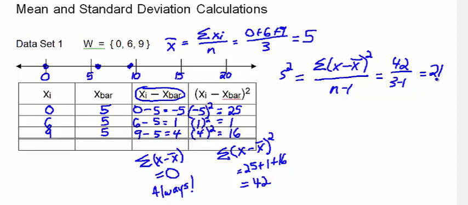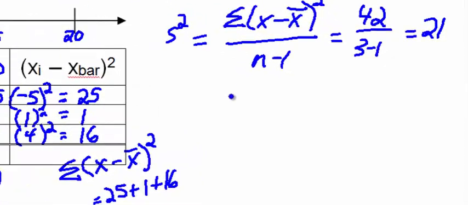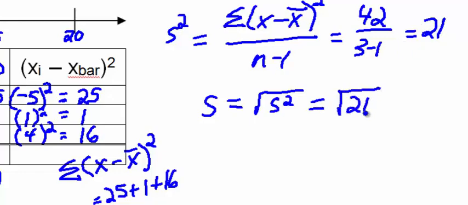Now the units for this would be squared units because we squared each deviation. If you remember, standard deviation, which is denoted s, is the square root of the variance, s squared. So in this case, we would simply take the variance 21 and take the square root of it.